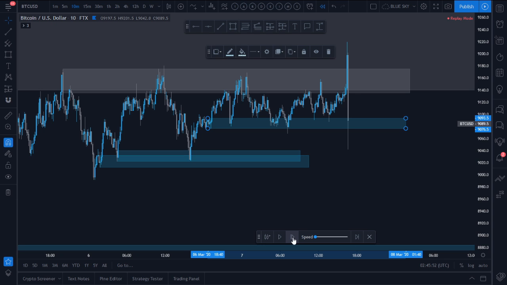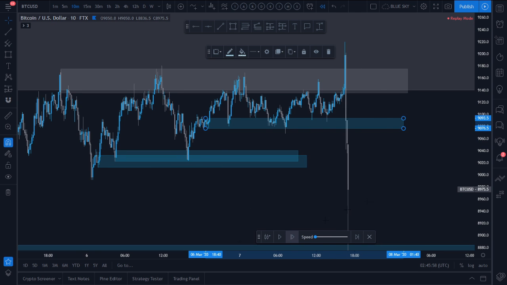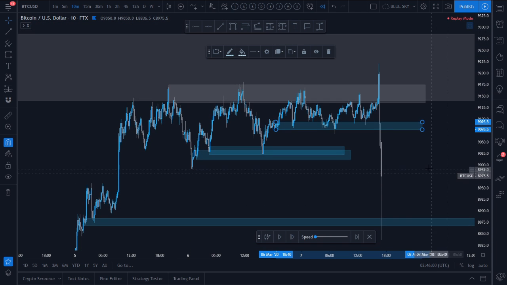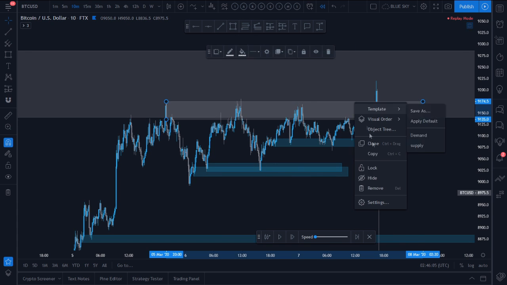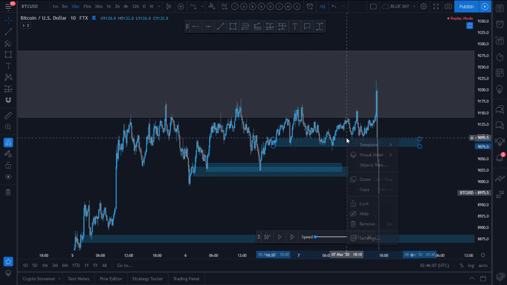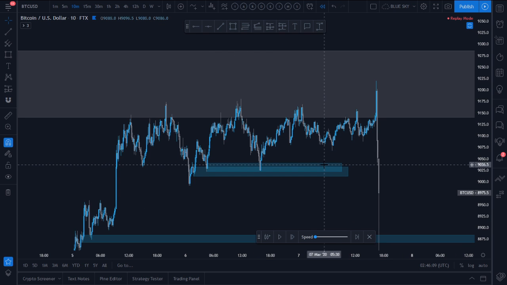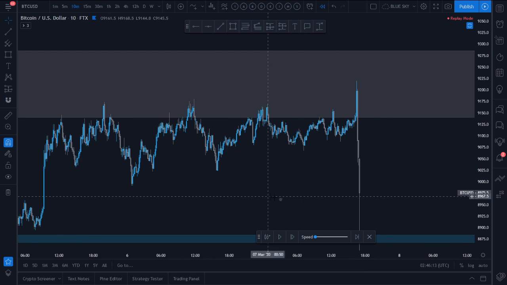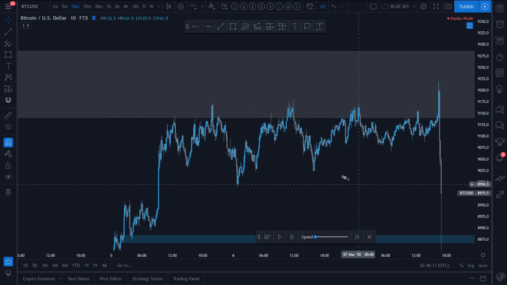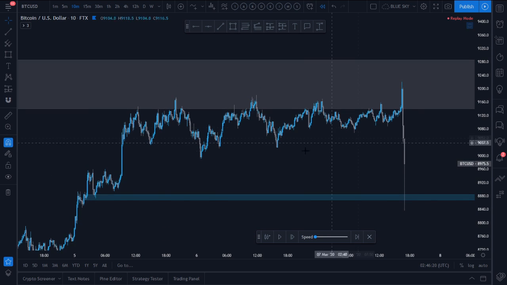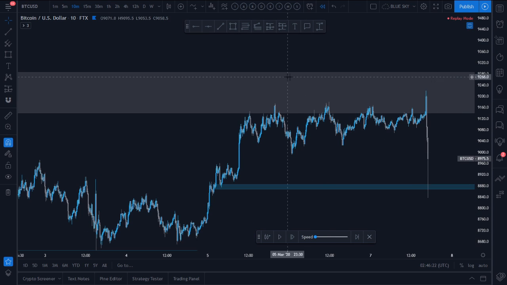Of course, Bitcoin came with that Darth Maul candle, which was obvious, guys. Of course, it had to do this. Alright, now this supply zone is no longer valid. This one is no longer valid. BTC took all the highs, ran the stops, but this supply zone acted as a resistance.